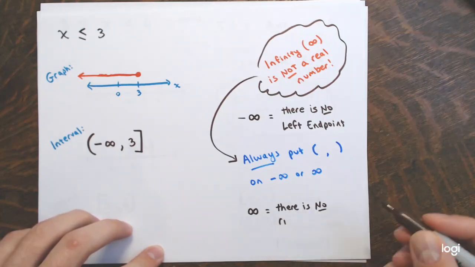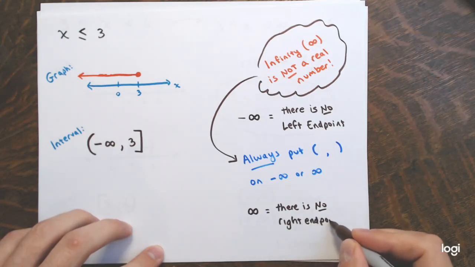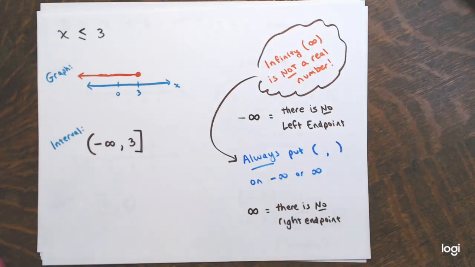There is no largest solution. And again, always parentheses on those infinities or negative infinities if they're replacing the left endpoint or right endpoint with the fact that there's no left or right endpoint. Okay. So one other example.